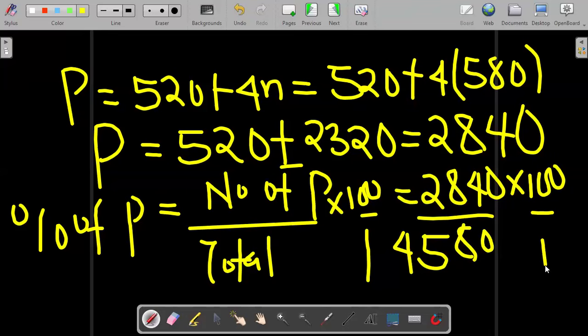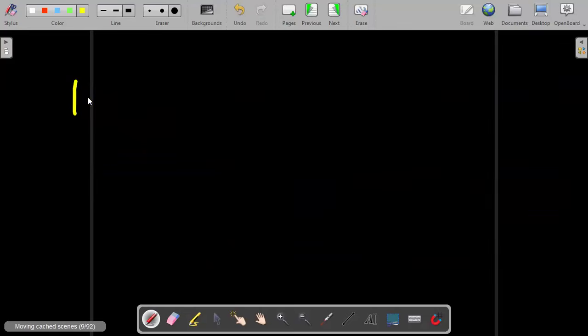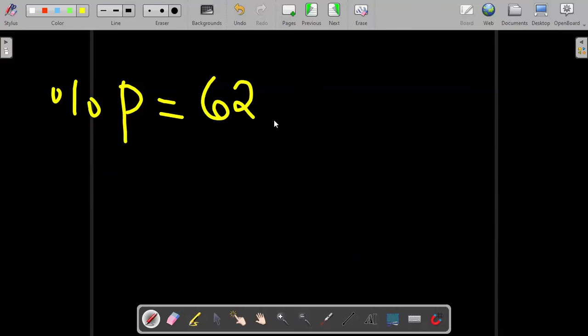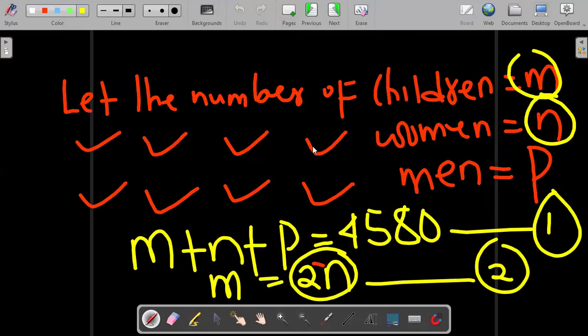If I multiply 2,840 times 100 divided by 4,580, I'm going to have 62%. So the percentage of men now, the answer is 62% to the nearest whole number.